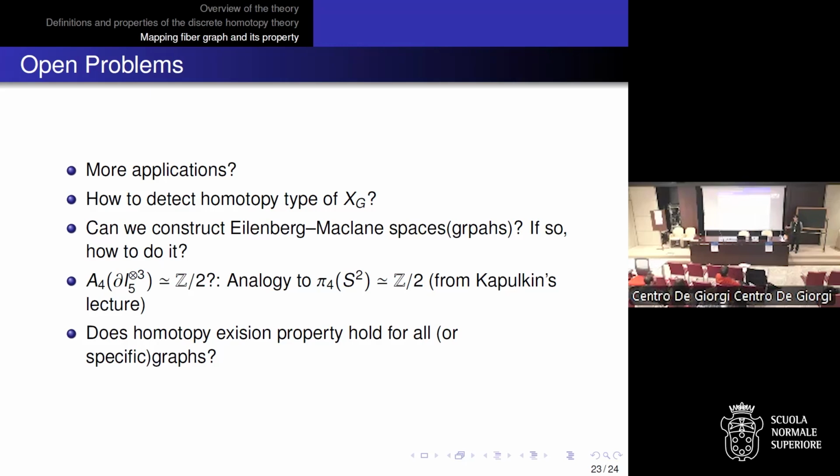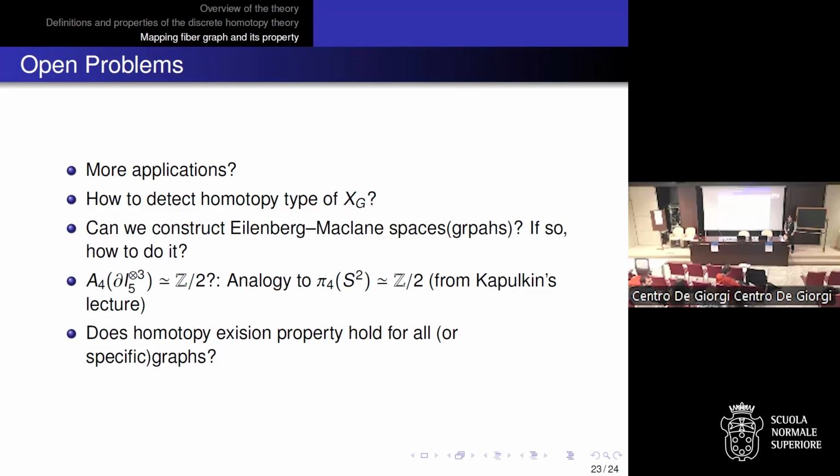Yes, sorry, the weak one. Geometric. I want to construct an Eilenberg-MacLane graph up to weak A homotopy. Yes, because with A homotopy, the triangle and the square are not homotopy equivalent. So yeah.